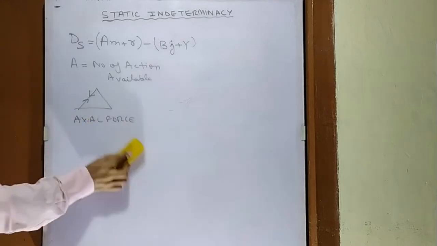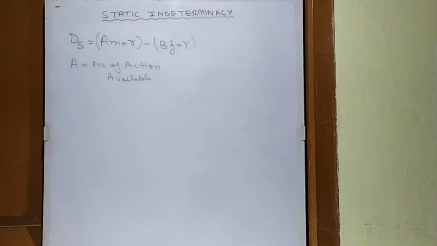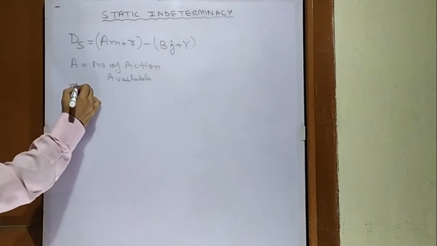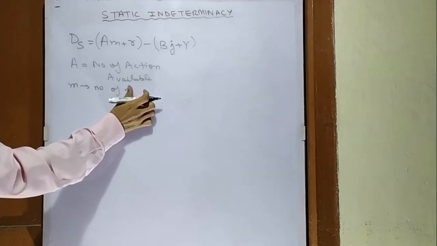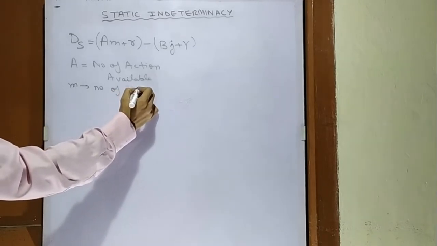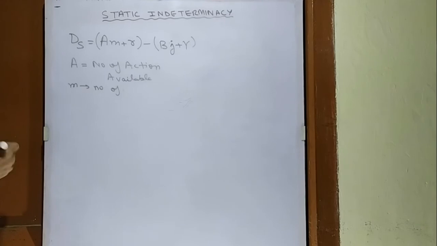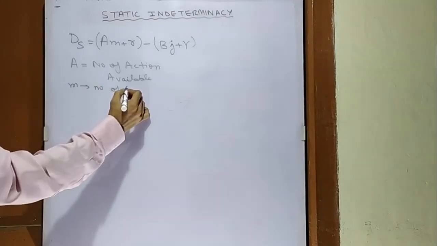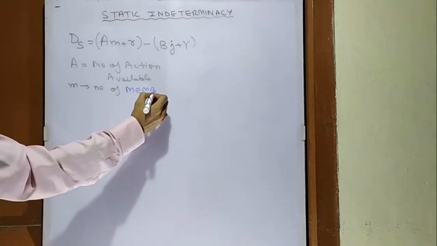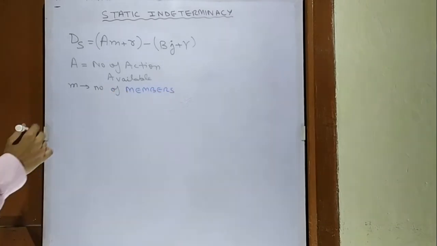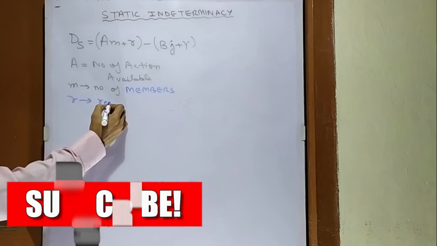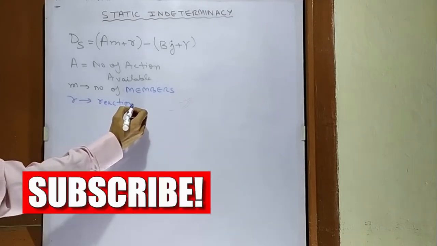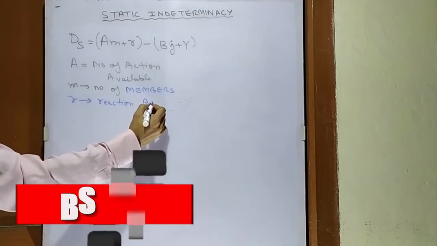What is M? M is the number of members in our structure. And what is R? R is the reaction available.